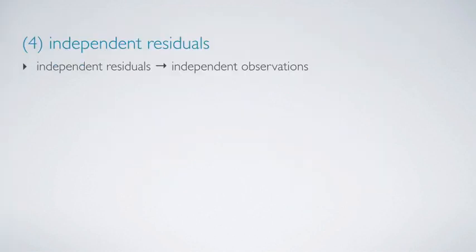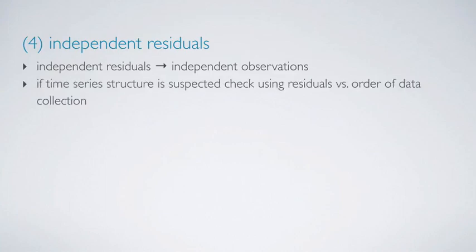Lastly, independent residuals. And note that independent residuals basically means independent observations. If we have any time series structure, or if we're suspecting that there might be any time series structure in our data set, we can check for independent residuals using the residuals versus the order of data collection plot.